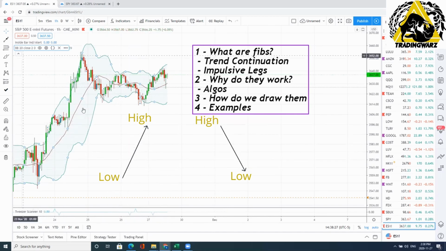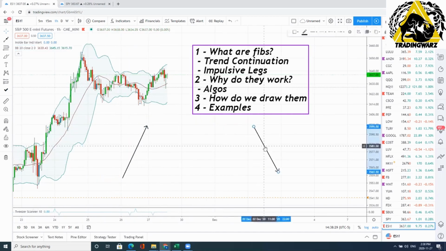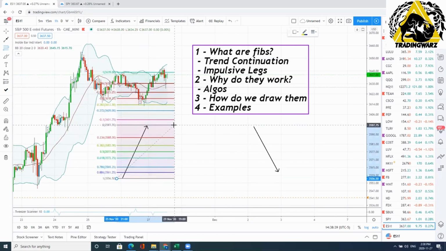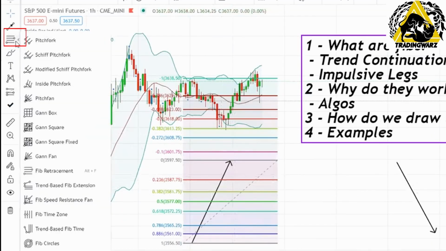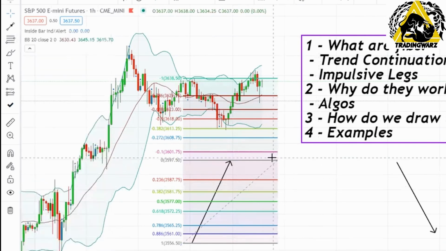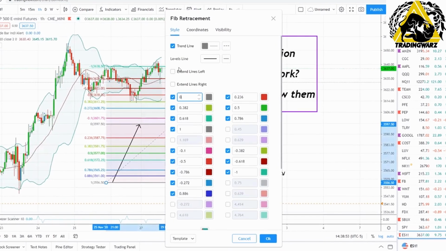Let's look at the situation for the long. If we were to take the Fibonacci of this leg, we would start from the low to the high. While we're here with this tool, let me spend some time talking about how to use it. In TradingView and many other platforms, there's the Fibonacci tool. I use this one here, Fibonacci retracement, and I'm going to talk to you about the settings that I have.